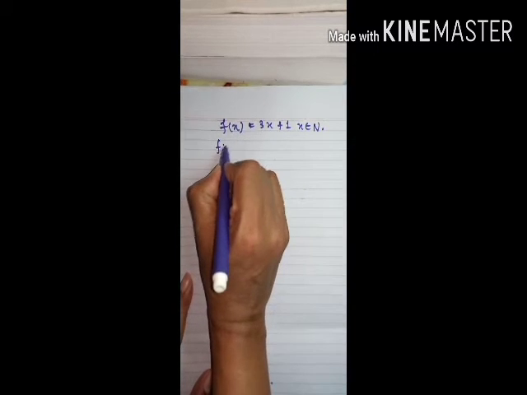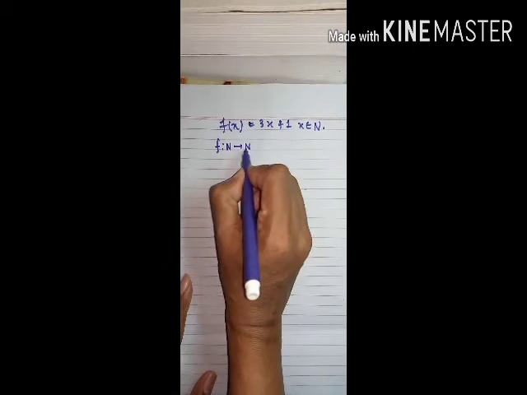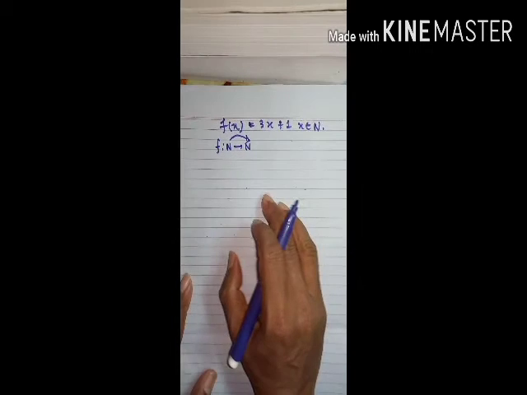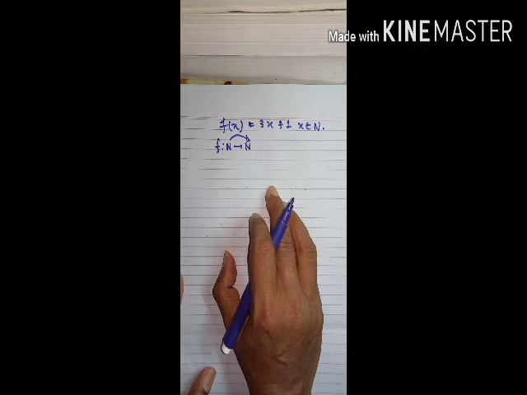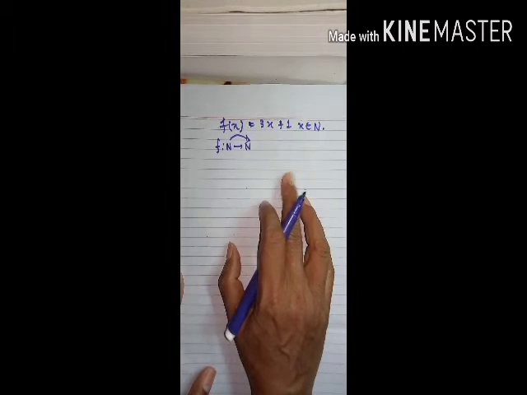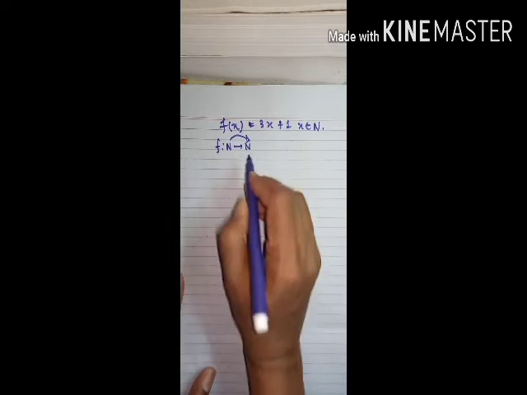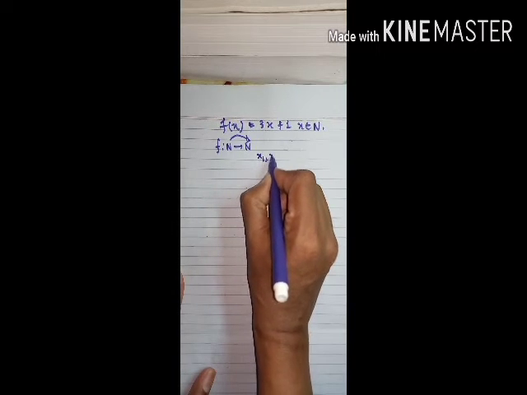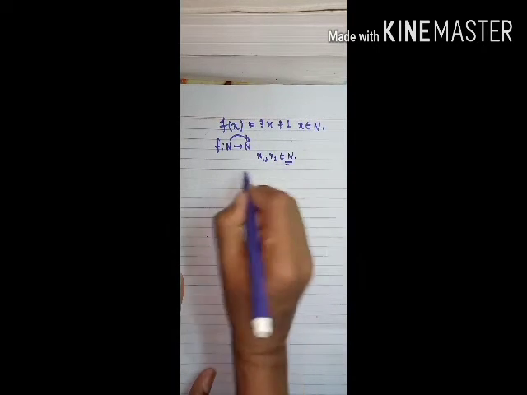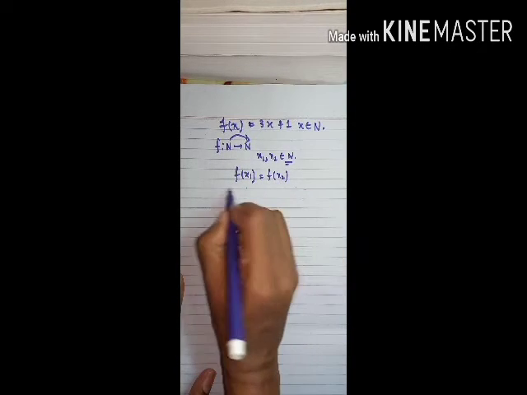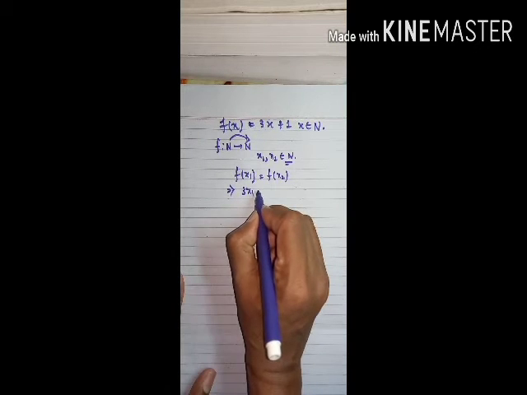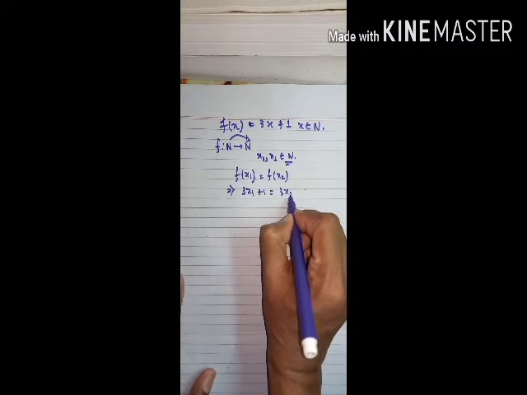Here f from N to N, both are natural numbers. Similarly, let x1, x2 belong to N. Say f of x1 equal to f of x2 implies 3x1 plus 1 equal to 3x2 plus 1.